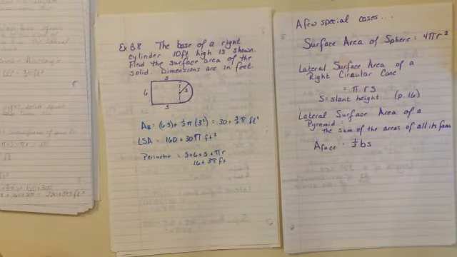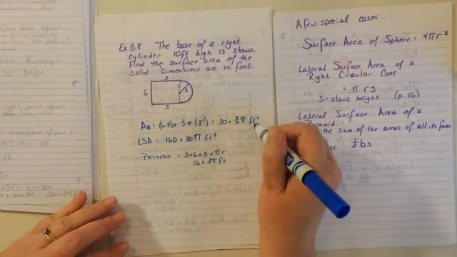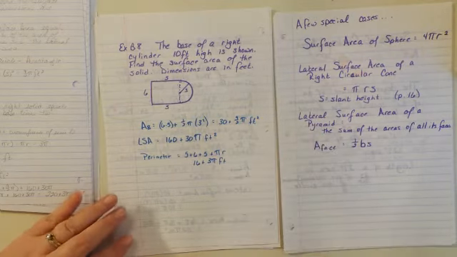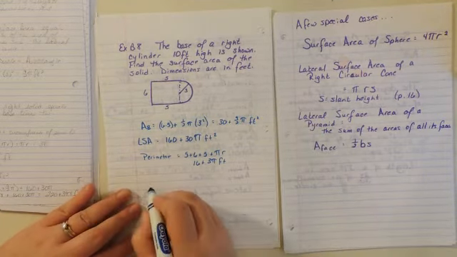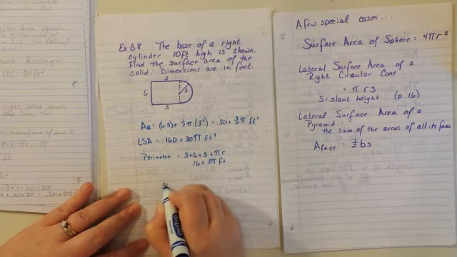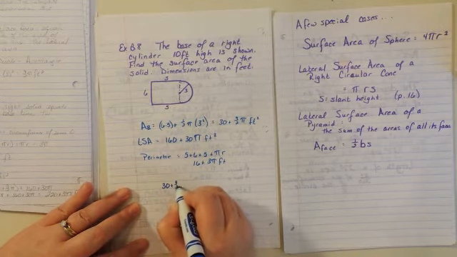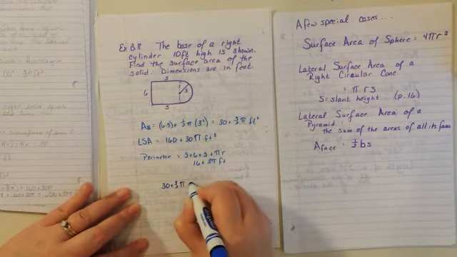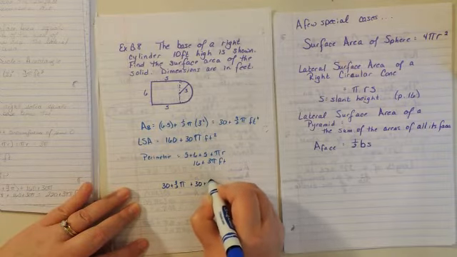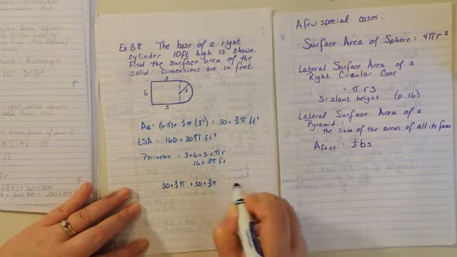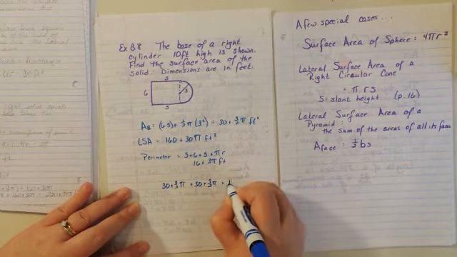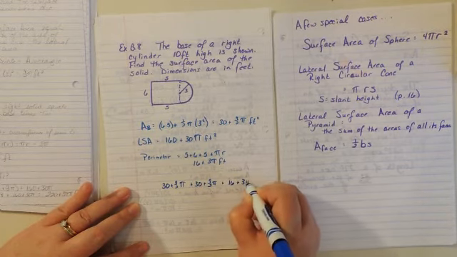Okay, now to find the total surface area, we need to add both the bases and the lateral surface area together. So the area of the bases was 30 plus 9/2 pi plus 30 plus 9/2 pi plus 16 plus 3 pi.